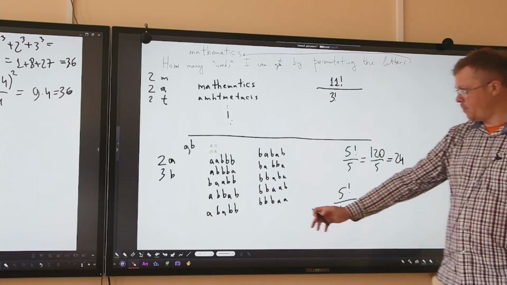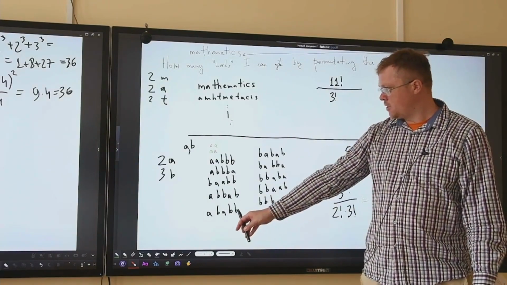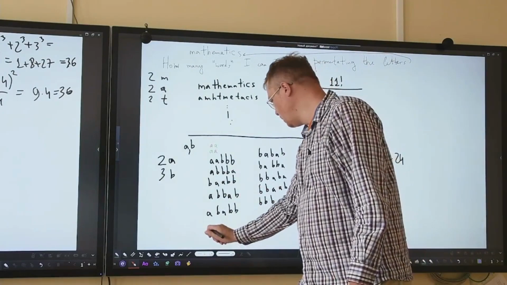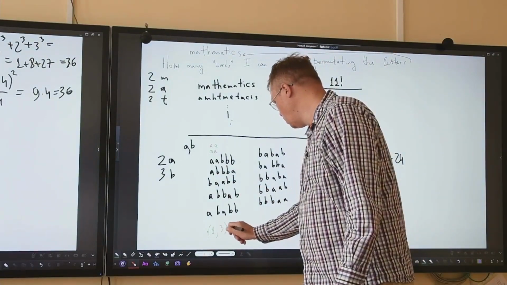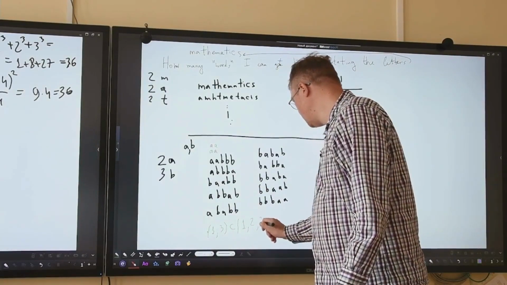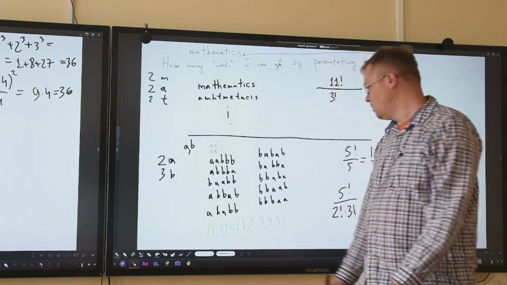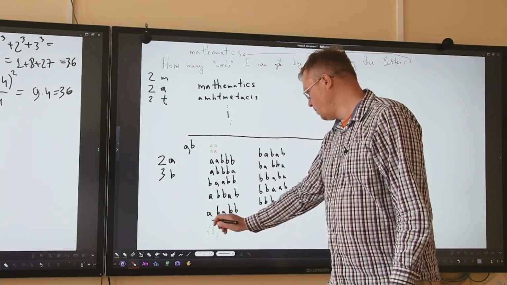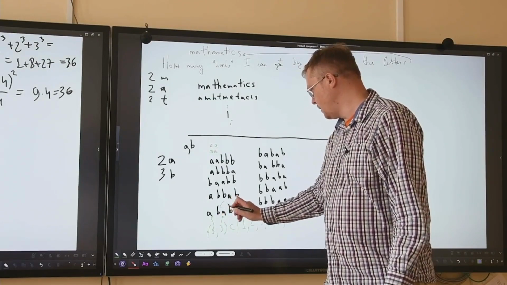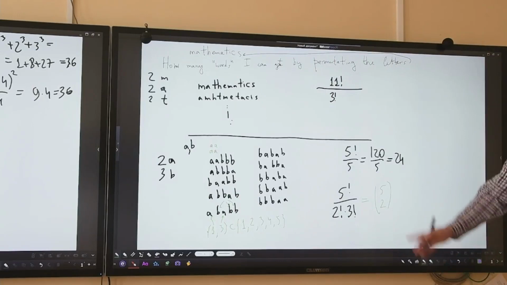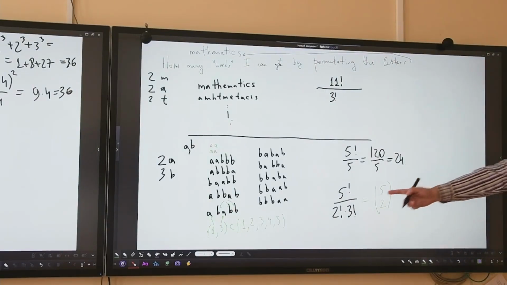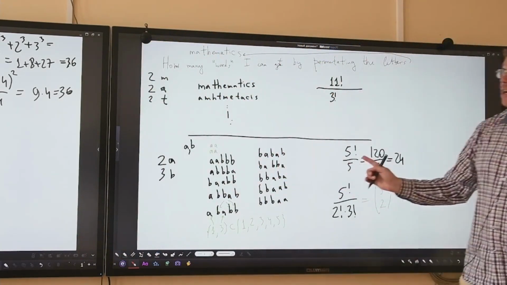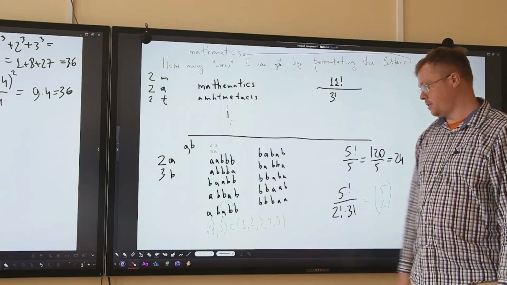This is because here I have a 5 element set, so I just choose the positions of letters A. So, for example, if I choose the subset 1, 3 from 1, 2, 3, 4, 5, then I will put letters A on the first position and third position, and on the other places I will put the letter B. And so the concept of binomial coefficients is nothing but how many words you can get if you have only 2 letters.